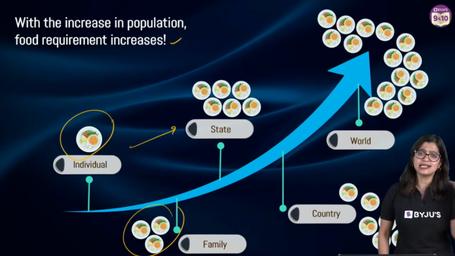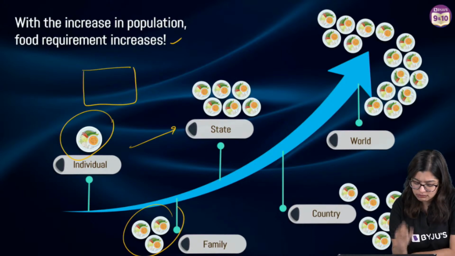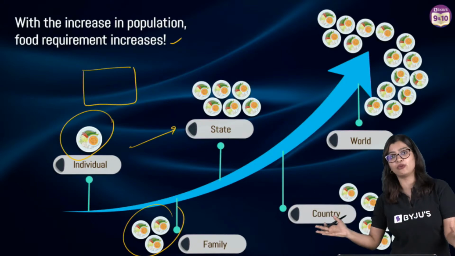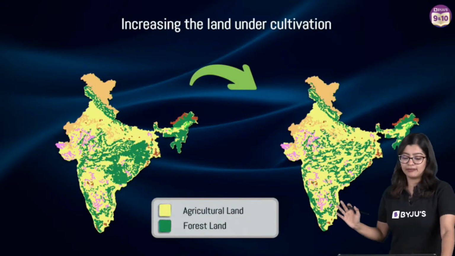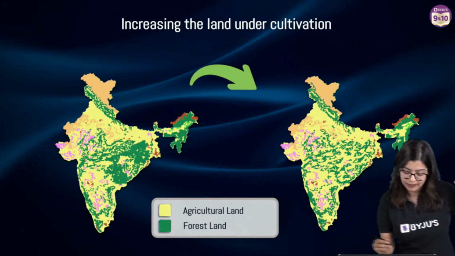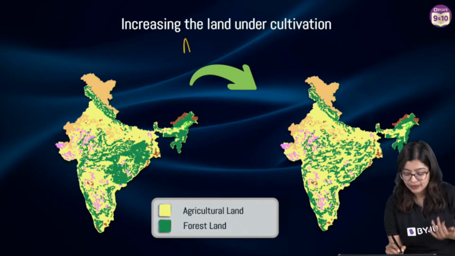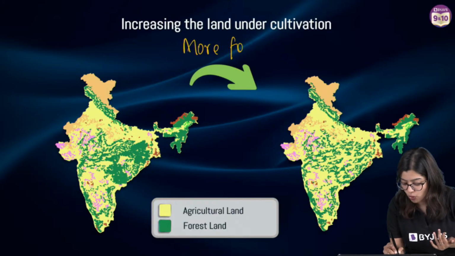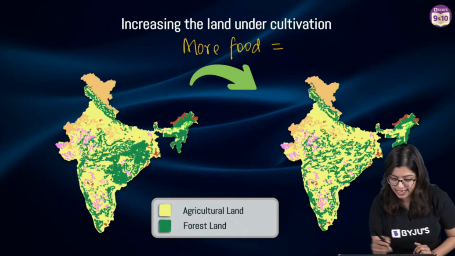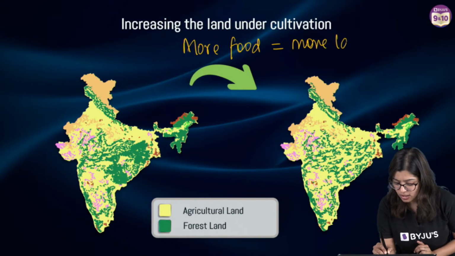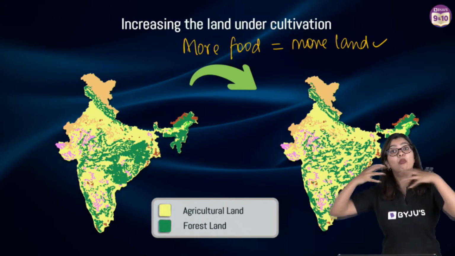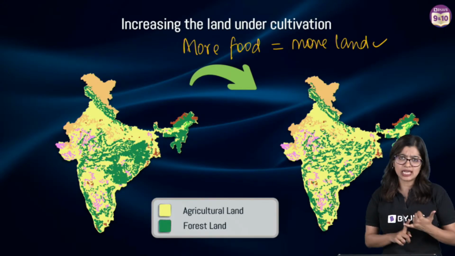So now let's assume that we are practicing agriculture in this piece of land and I need more food. Now will my logic be that, okay, more food means more land that I need for agriculture? Can I use this logic, which means that if I need more food, I need more land, so that in more land I will be able to cultivate more of my crops? Can I use that logic?